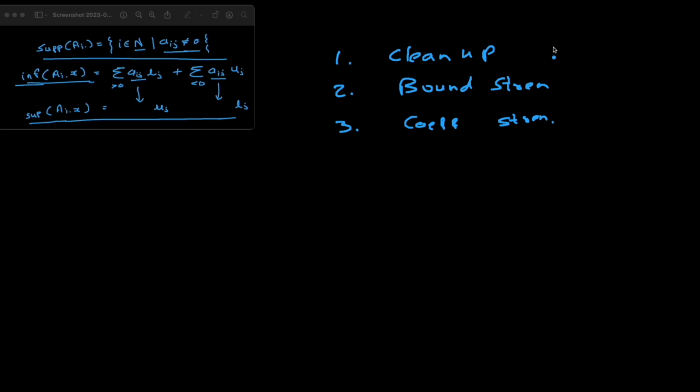Okay, so far we are talking about the Presolve reductions, and in this part we covered three things. One is cleanup, number two is bound strengthening, and number three is coefficient strengthening. So this is all looking at one constraint at a time.